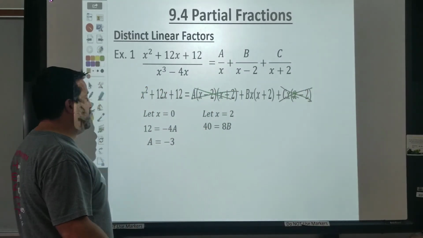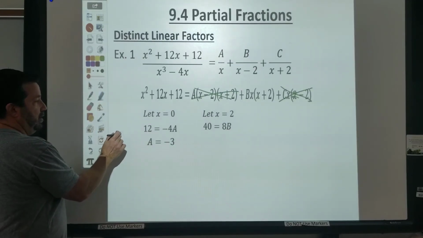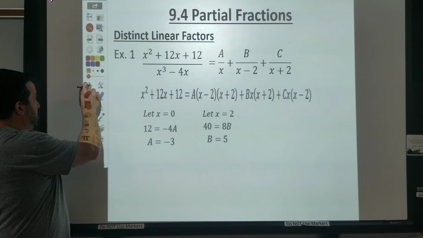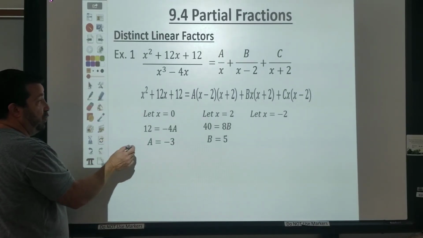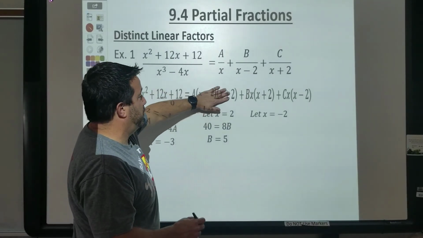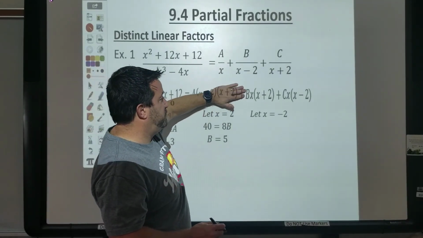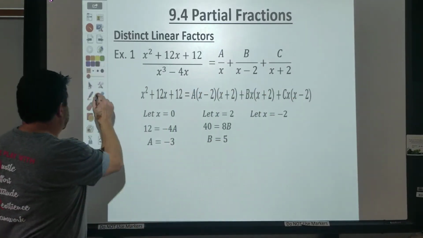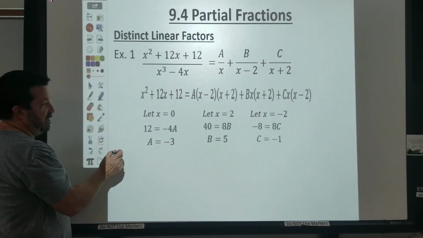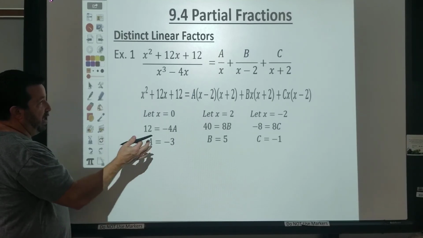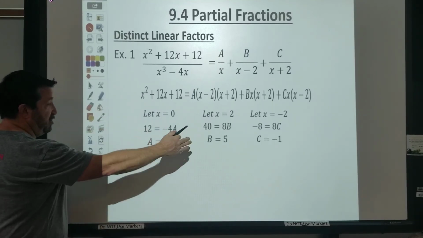So you get 40 equals 8b, and so b is equal to 5. Likewise, if I let x equal negative 2, put negative 2 in here, put negative 2 in this one, that'll eliminate that. Put negative 2 in that one and eliminate that. You'll end up with just an expression for c. And so in this case, c equals negative 1. So that gives me my values for a, b, and c.